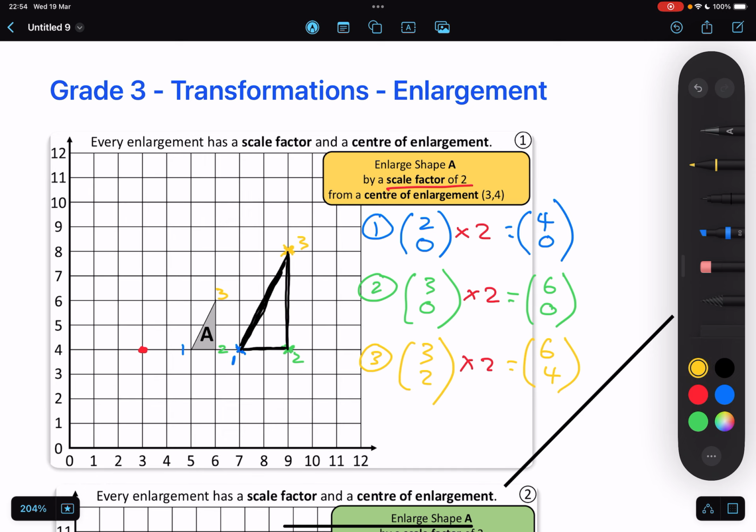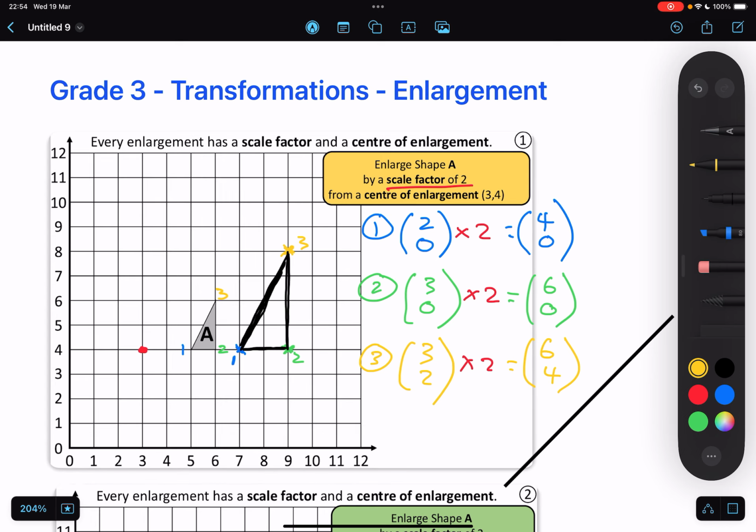Now when we draw rays from the center of enlargement, it should go through number 1 and number 1, number 2 and number 2, number 3 and number 3. What do I mean by that?